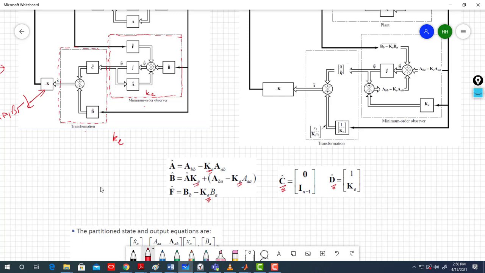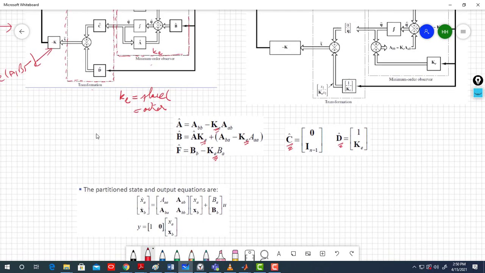KE is equal to place or acker of the following. That's how I remember it myself. Of A, B, B star, A, B star, then some closed loop dynamics for the minimum state observer.